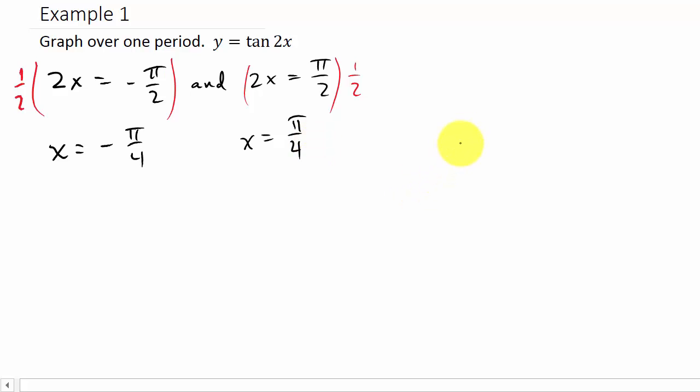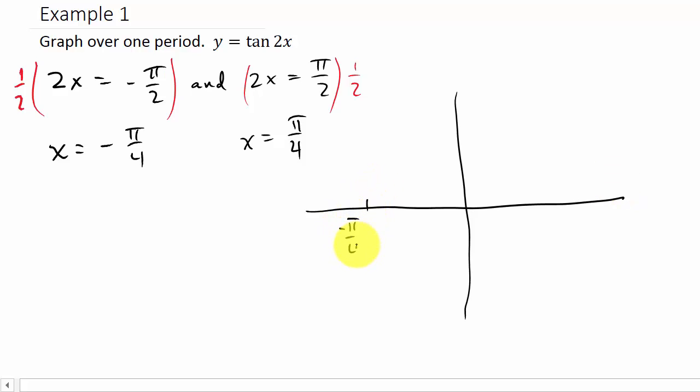Now we can draw this, and I've got my vertical asymptotes at negative pi over 4 and pi over 4. That's my two adjacent asymptotes. Now let's break this up into four equal parts.